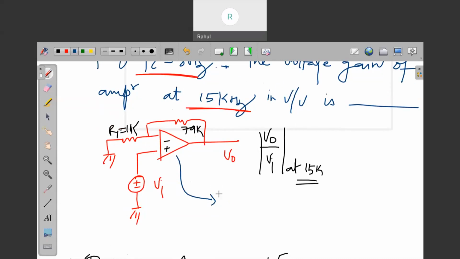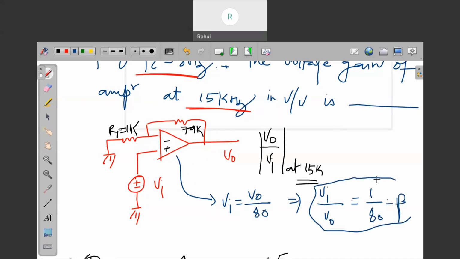You can say Vi equal to V naught by 80, so Vi by V naught equal to 1 by 80 is the beta, or the gain will be the reciprocal of this. So this is beta.